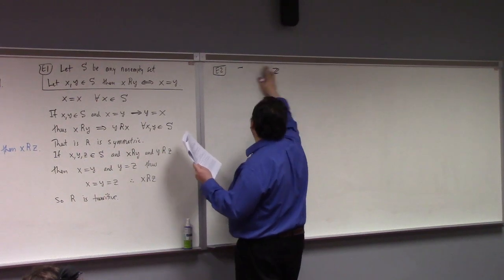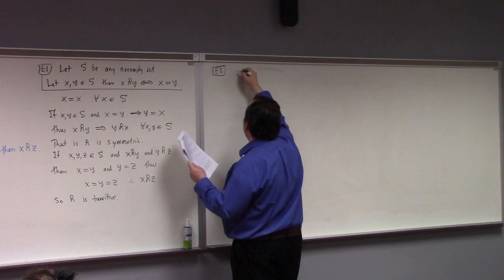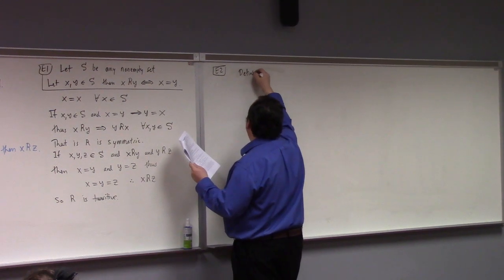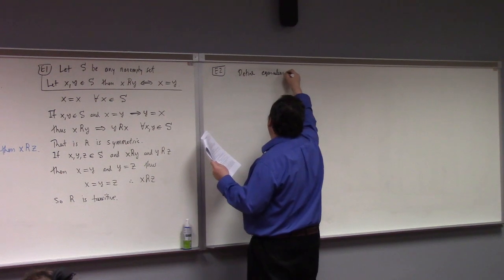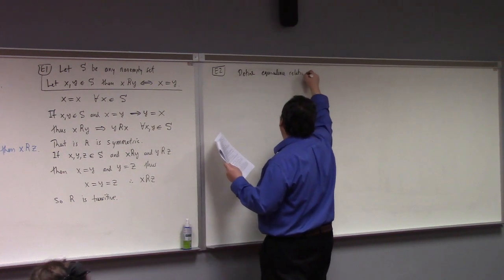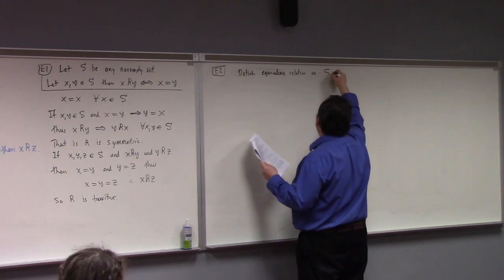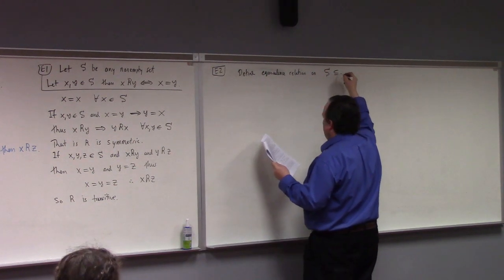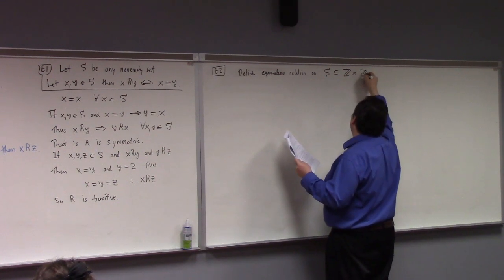Let me just stick with my, sorry guys, give me a second here. Define an equivalence relation on S, which is going to be a subset of Z cross Z.